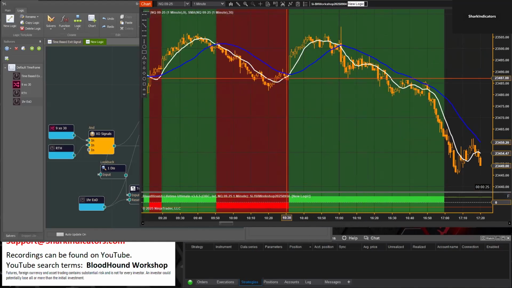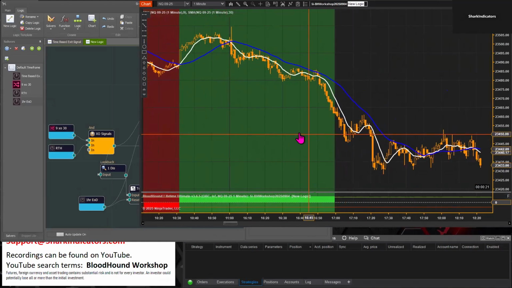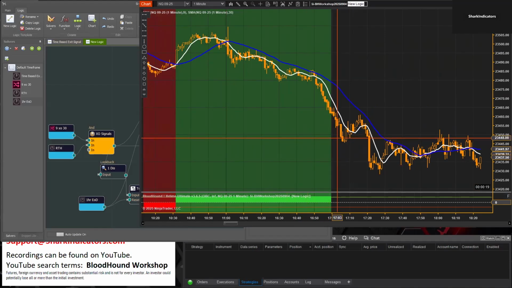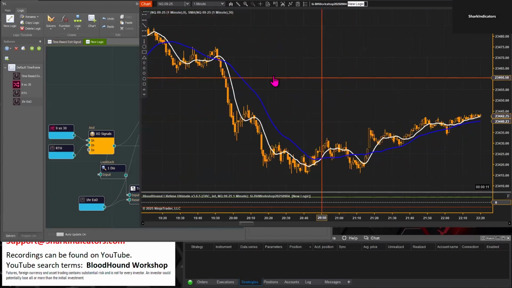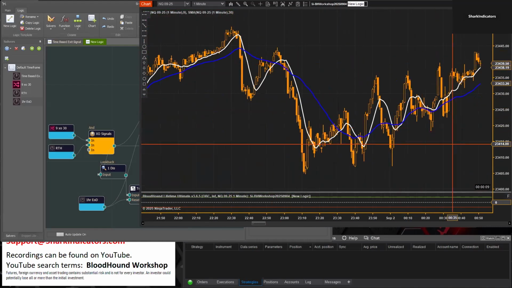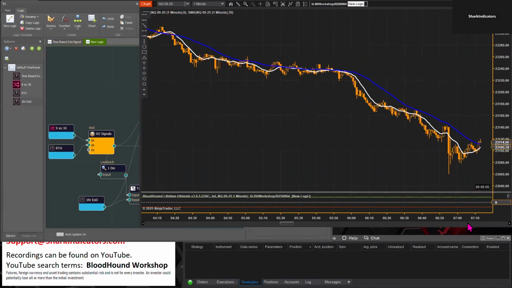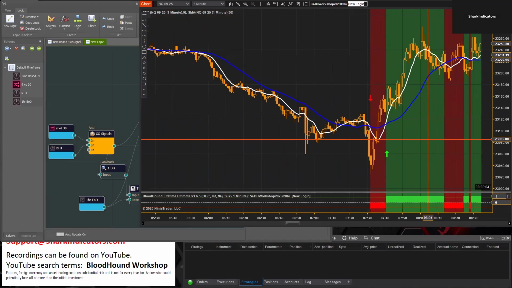So there we go. So the last signal was a cross up, and then we get to the end of the day, and the toggle node is turned off. So in this situation, our toggle node is off during the overnight session here until we get to the next morning. There we go.